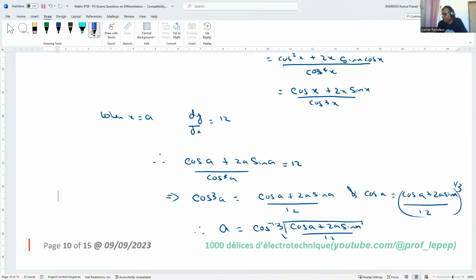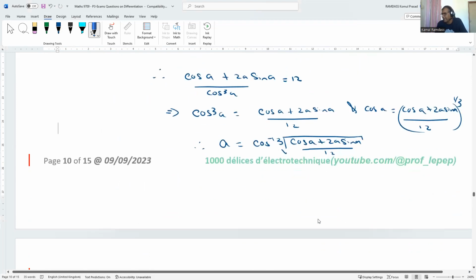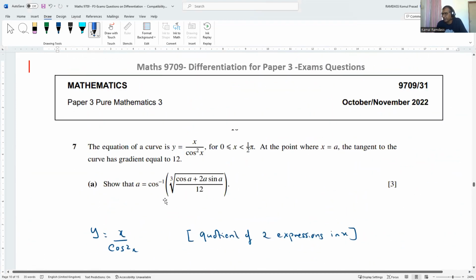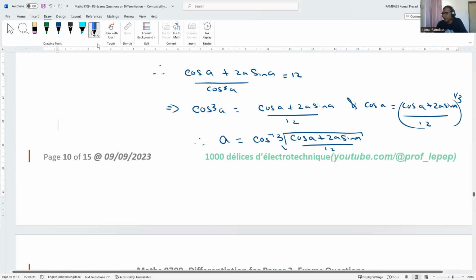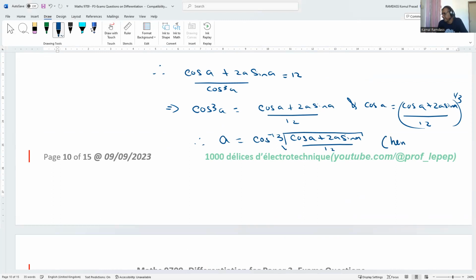Cos de a est égal à cos de a plus 2 sin de a divided by 12, the whole to the power of 1/3, cube root. Et si je fais ça, on peut trouver la réponse. And a is equal to cos inverse de ça. Cos inverse de cube root de cos de a plus 2a sin de a divided by 12. Et on a immédiatement trouvé. OK? Shown. Et c'est ça la réponse. On va écrire là, ici. Hence shown.